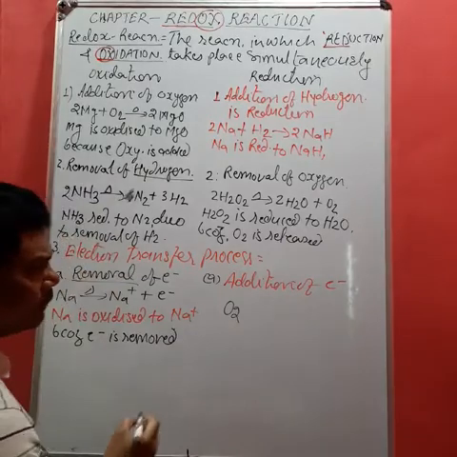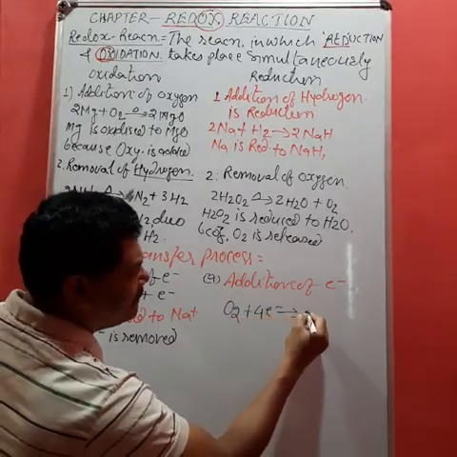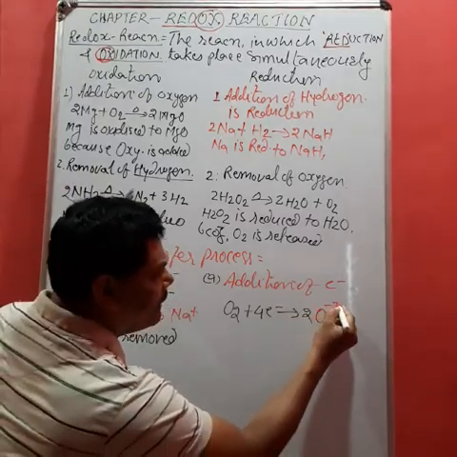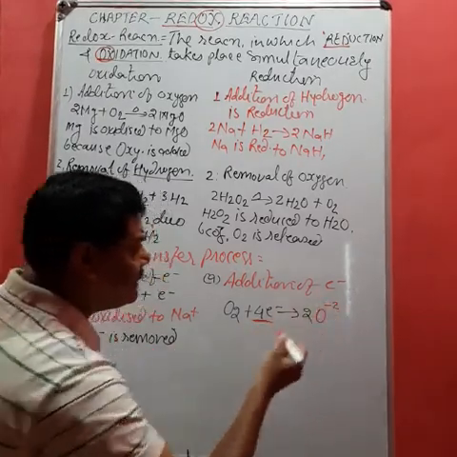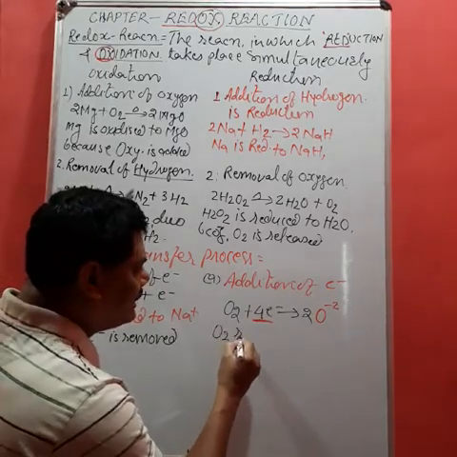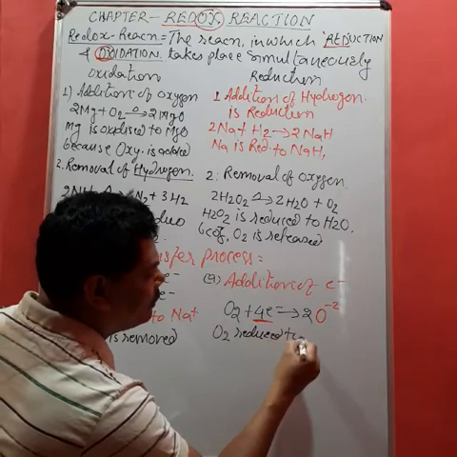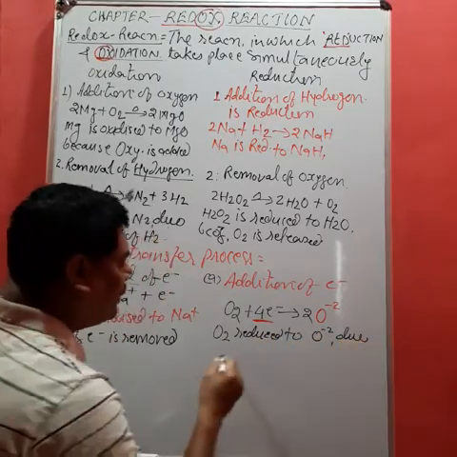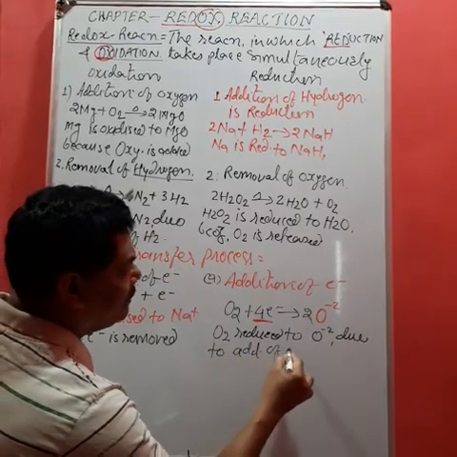Suppose there is O2 and if it gains 4 electrons, now we will convert it to 2 O 2- anions. So here the electrons are added to the oxygen. Okay, O2 is reduced to O2- anion due to addition of electron.